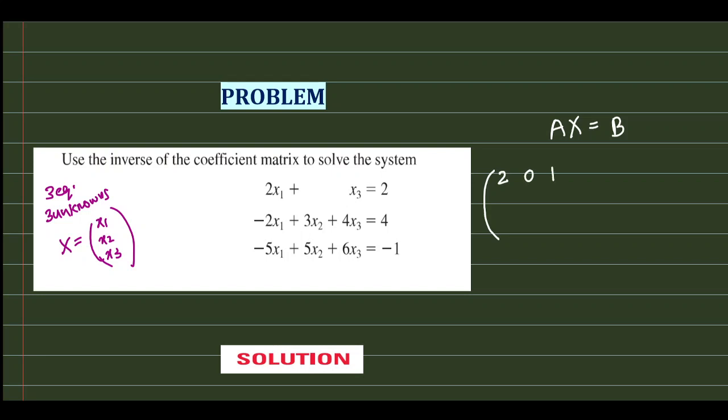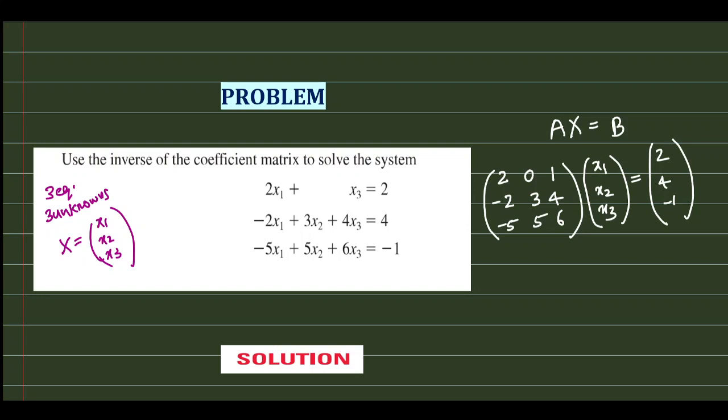Then coefficient of x1: minus 2, 3, 4. Minus 5, 5, 6. So this is our A and x is x1, x2, x3 equal to B. B is the RHS. So RHS takes the value 2, 4, minus 1.